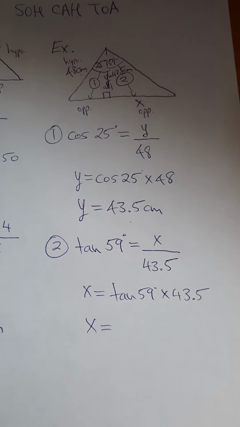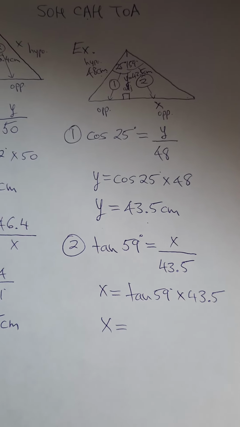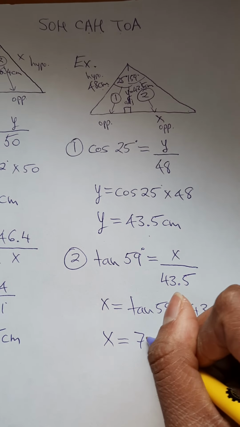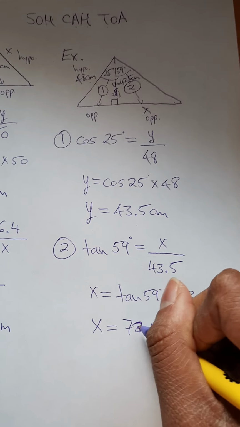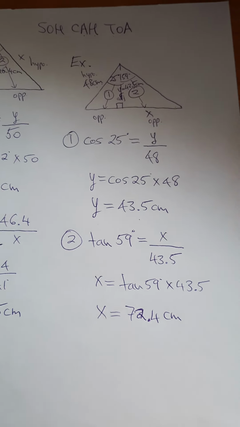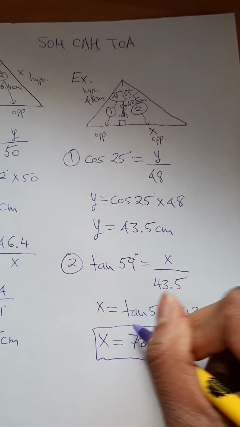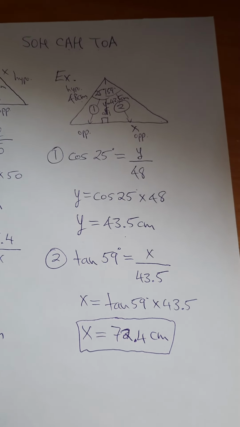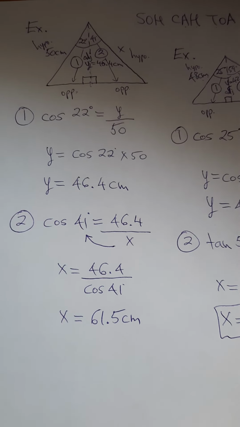So we're doing tan 59 times 43.5, and we are getting x equals 72.4. And this is in centimeters. So one more time, this is the final answer, so we'll box it. But you see that we do have to use both of the triangles to get our final answer, just like we did in this example as well.